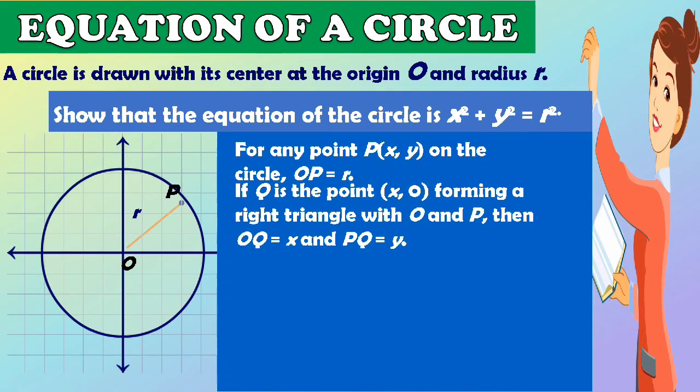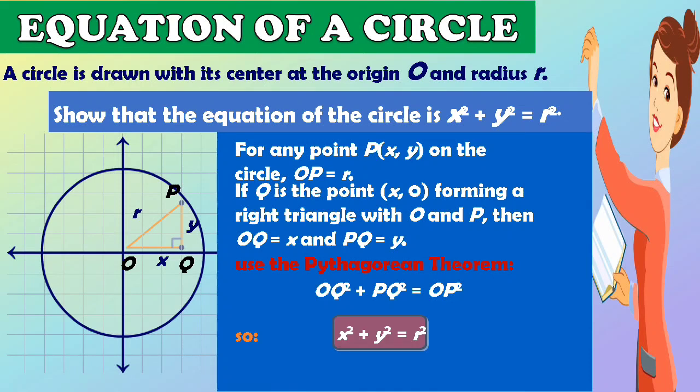And from that, if Q is a point represented by (x, 0), forming a right triangle with O and P, then segment OQ can be x and segment PQ can be equal to y. Using the Pythagorean theorem, we can say that segment OQ squared plus segment PQ squared is equal to segment OP squared. Substituting the representation from the segments, we have come up with x raised to 2 plus y raised to 2 is equal to r raised to 2.